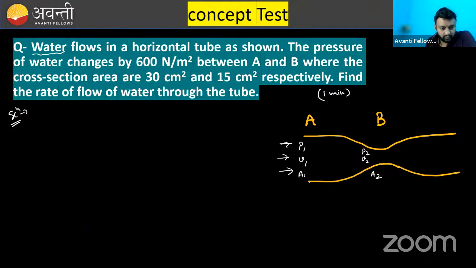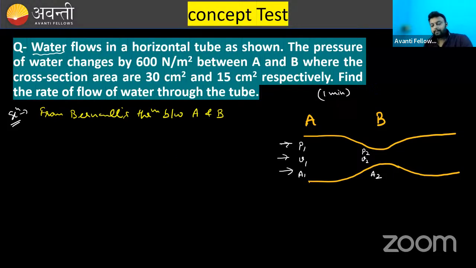Now, from Bernoulli's equation, I am applying Bernoulli's theorem between A and B. This is a Venturi tube which is horizontal, so I am not using the potential energy term in Bernoulli's theorem.